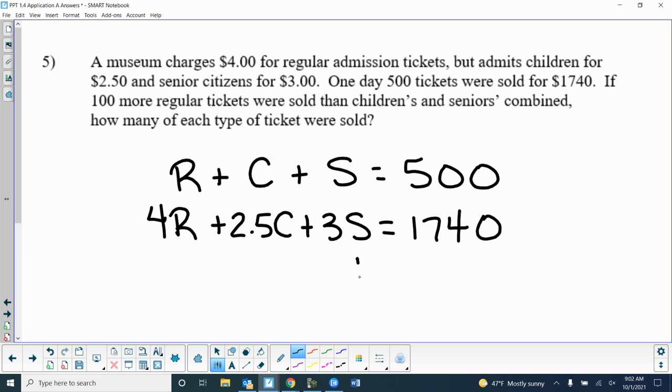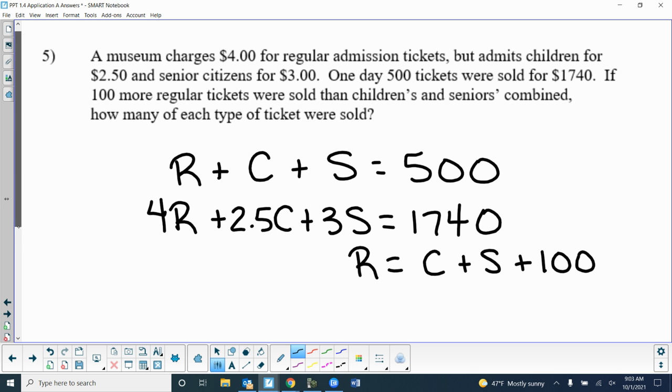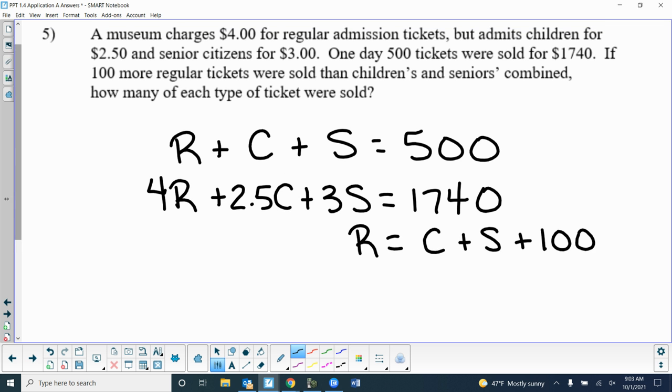So the number of regular tickets is the number of child's plus seniors plus 100, right? Those two combined plus 100 equals the number of regular. That was like that one we just did. So that bottom one, we're going to do what with the C and the S? Subtract them to get things lined up.